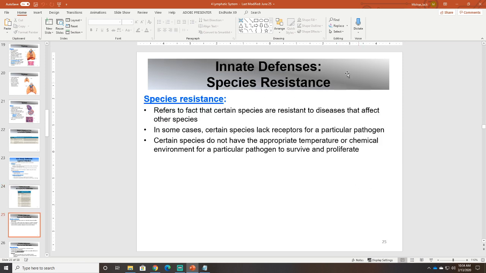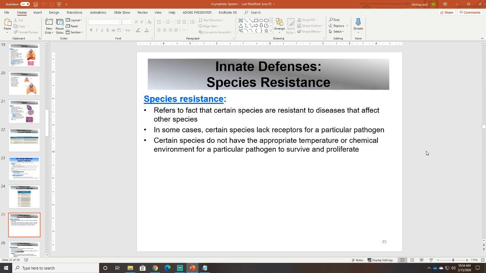Let's back up a second. Why do we call it innate or non-specific defenses? Well, innate means that it's built in. Non-specific means that this defense is not targeted for a specific bacterium.